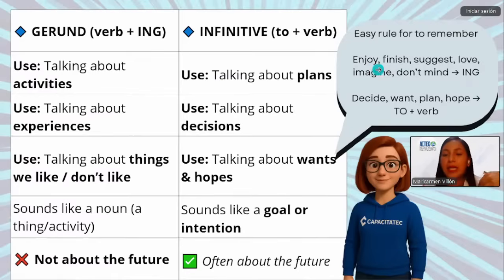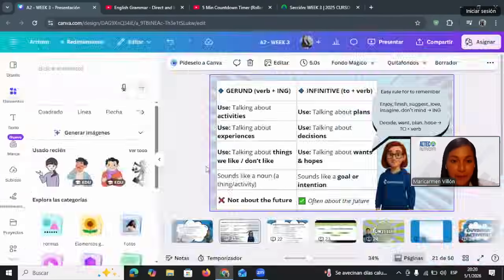Enjoy playing, enjoy eating, finish cooking, por ejemplo. Suggest, para sugerir también. Entonces, agrego ing al verbo. Love, imagine, don't imagine, ing. Todo esto lo vimos, ¿verdad? Decide, want, plan, hope. Entonces es el to plus the verb.